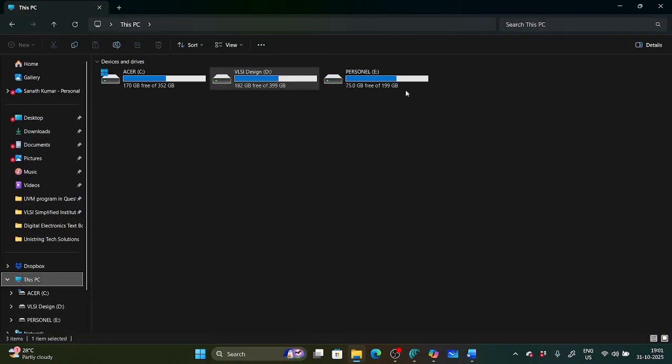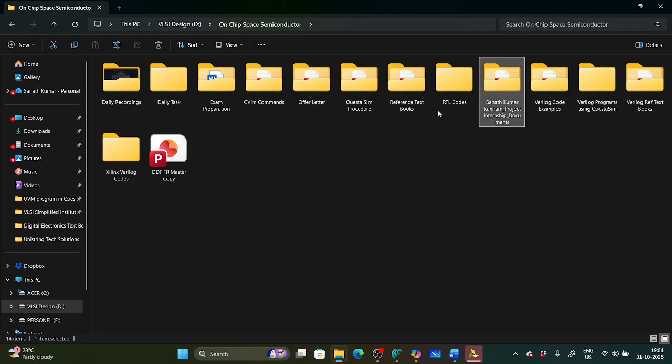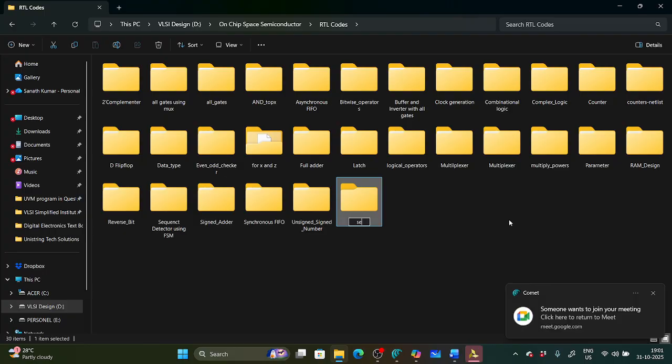Meanwhile, I will create a serial adder folder. It is not created, so I will create one folder named serial adder.